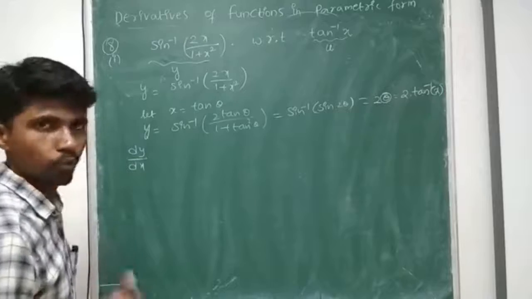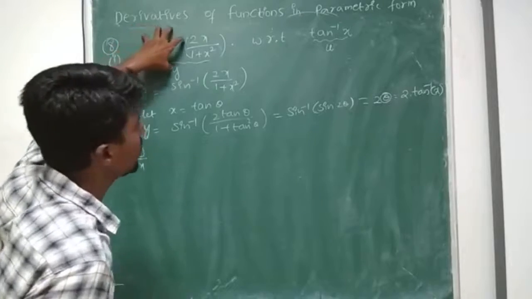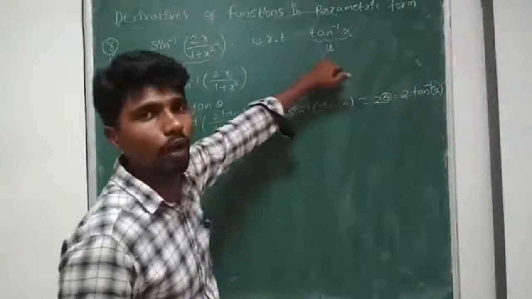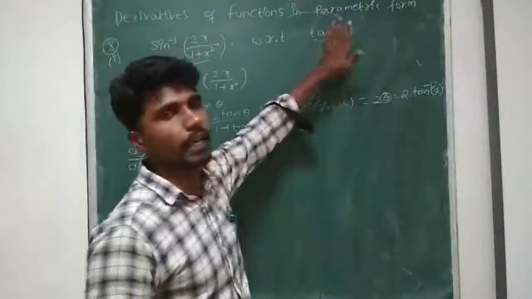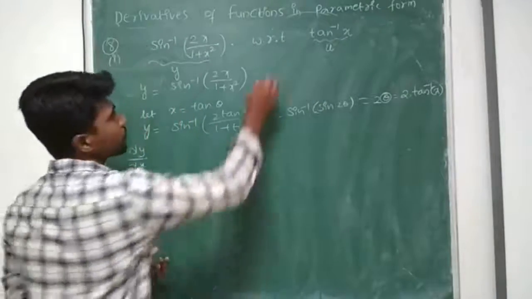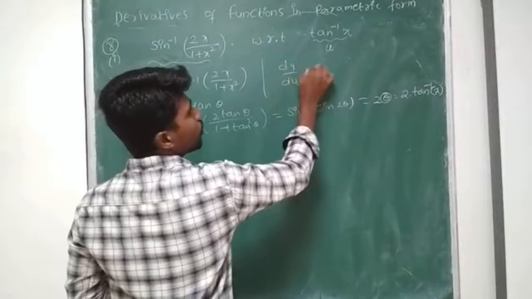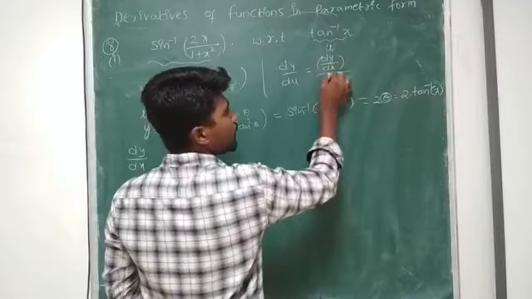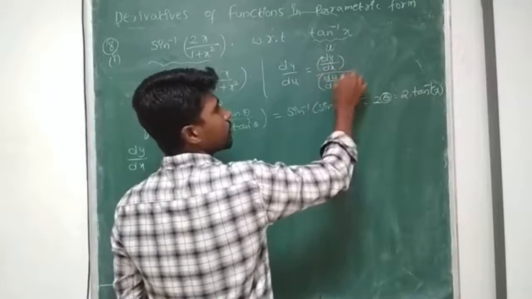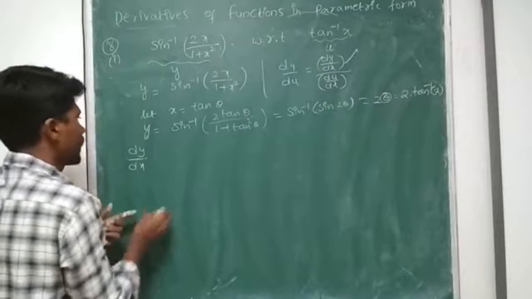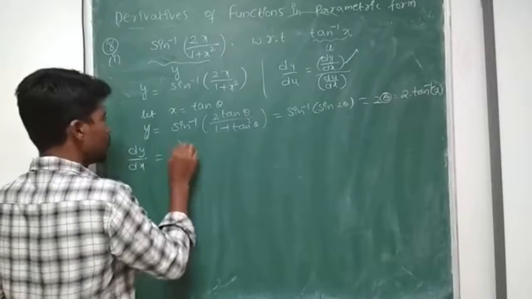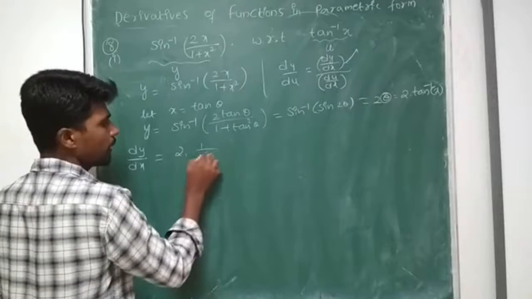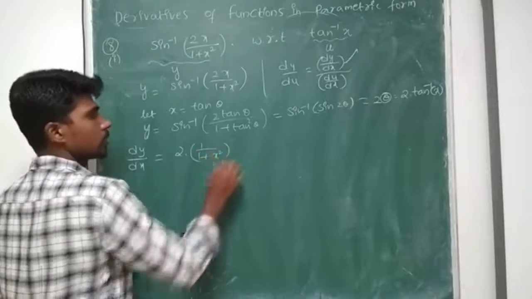My motto is to find differentiation of y with respect to u, but y and u are defined in terms of x. So I find dy by du with the help of dy by dx and du by dx. First, dy by dx is equal to 2 into the derivative of tan inverse of x, 1 by 1 plus x square.